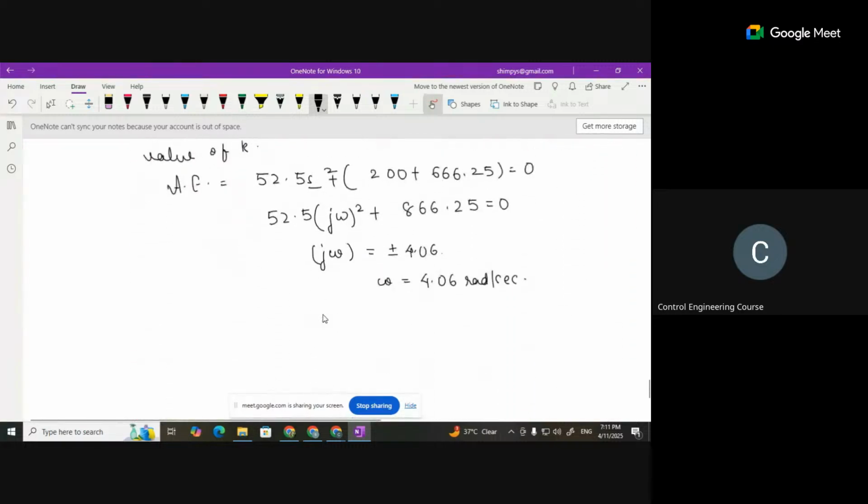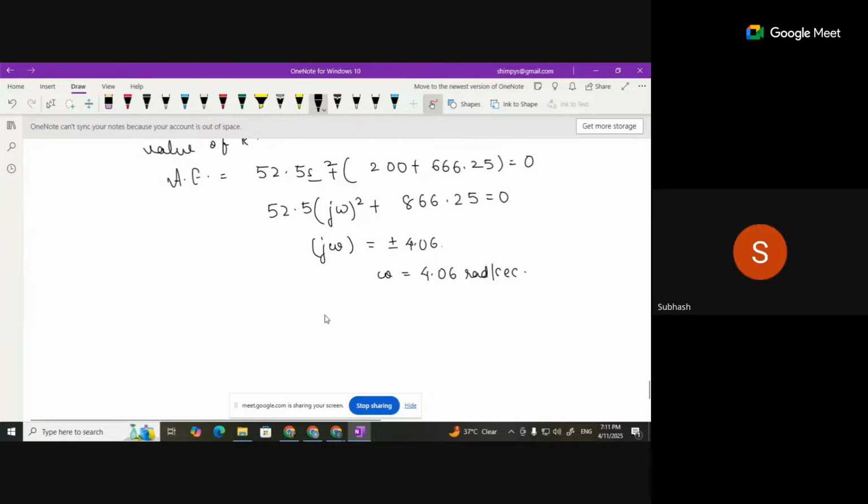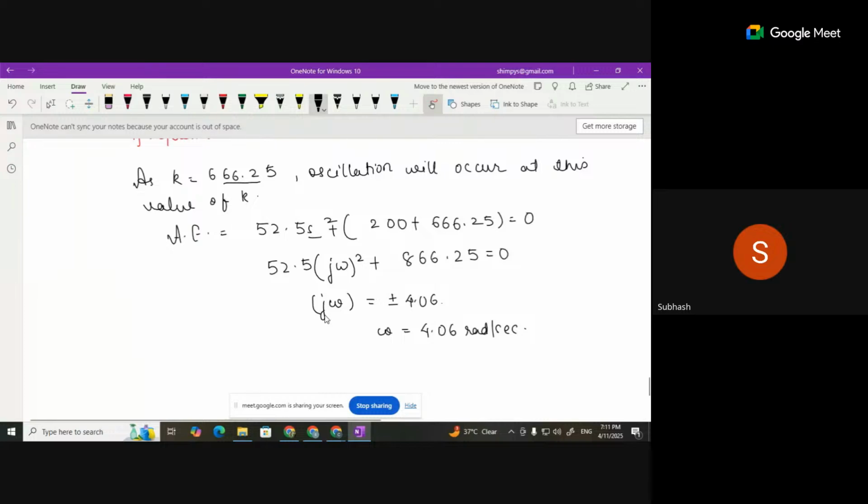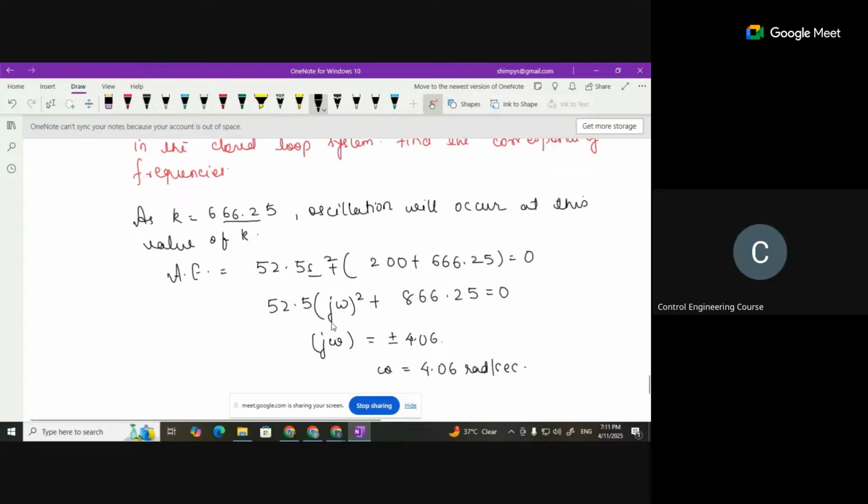Usually a system will have sustained oscillations when it's marginally stable, when the poles are on the imaginary axis.